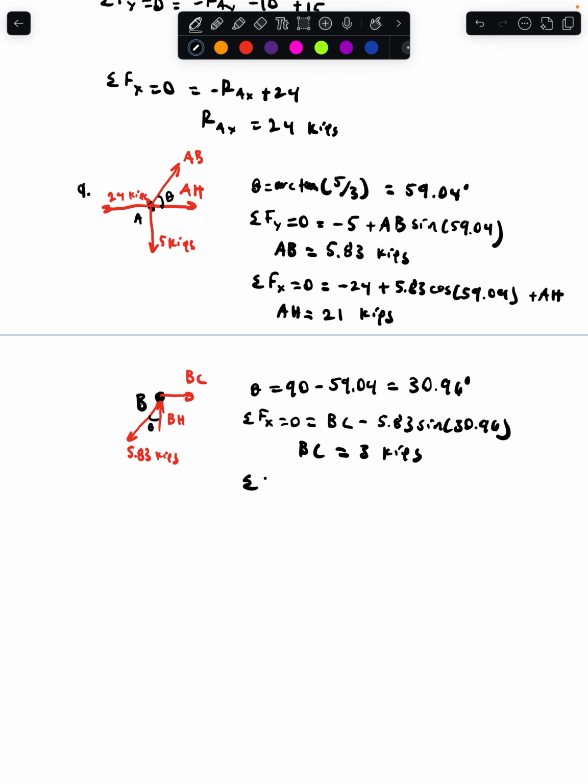And then the sum of the forces in the y direction is 0. And so that's going to be BH minus 5.83 times the cosine of 30.96. So BH is going to be 5 kips.